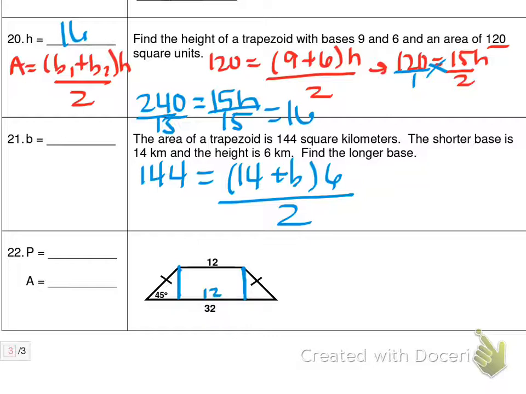The entire bottom base is 32, which means that this one has to be 10 and this one has to be 10. So I have 10 plus 10 plus 12 is 32, so I know my sides. Since these are 45 triangles, that makes our height 10 as well. And then the outside, these are 10 square root of 2 and 10 square root of 2. And from there on, you can find your area and your perimeter.